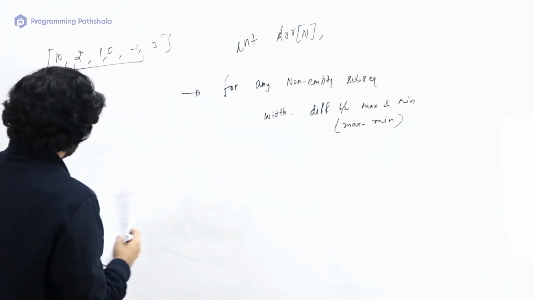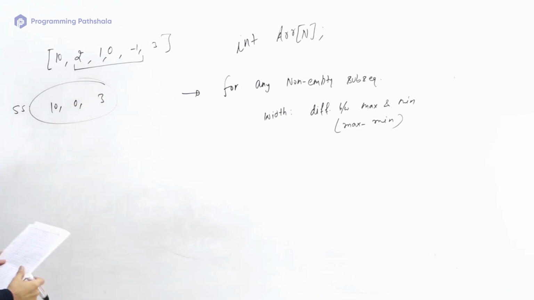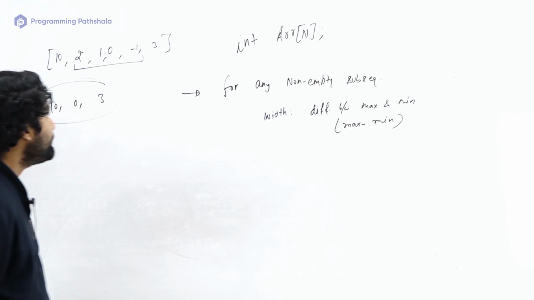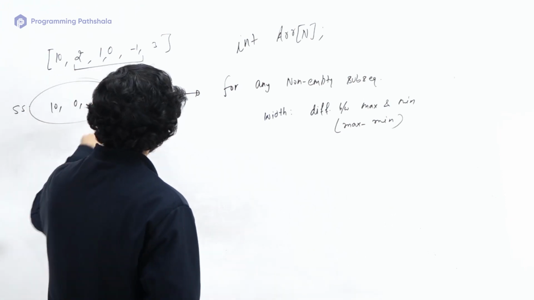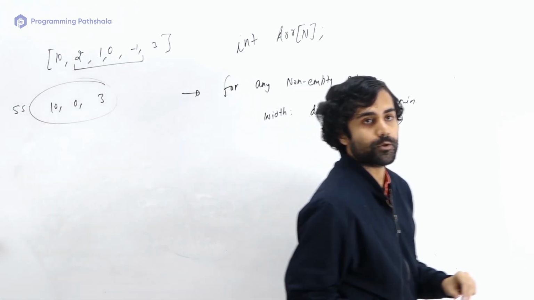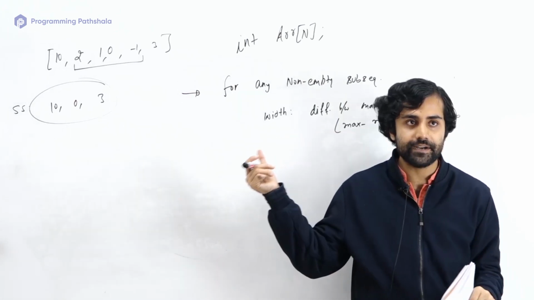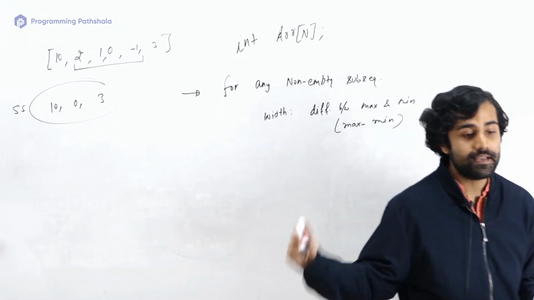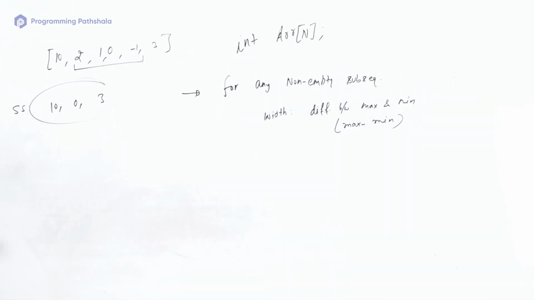So let's say you consider this subsequence, it has a max and it has a min. Whatever is the difference of max and min, that will be regarded as the width of this particular subsequence. So every non-empty subsequence has a width, and this is how the width is defined, right? So what is the width of the subsequence 10, 0, 3? It is 10, right?